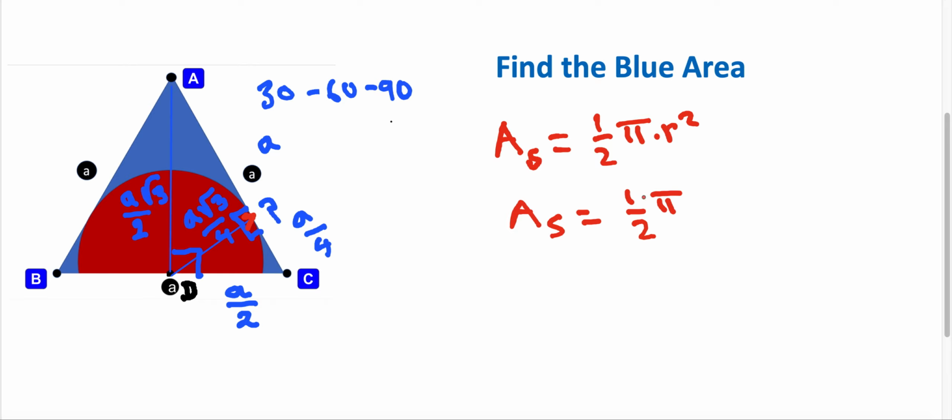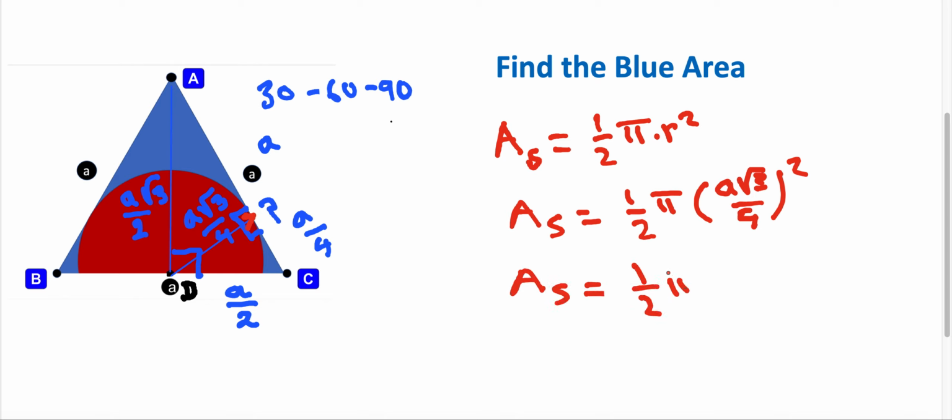We have r squared because the radius is A square root of 3 divided by 4, and everything here is squared. And the area of the semicircle is 1.5 pi, and here is a squared times 3, but 4 squared is 16, and that's what we have here.